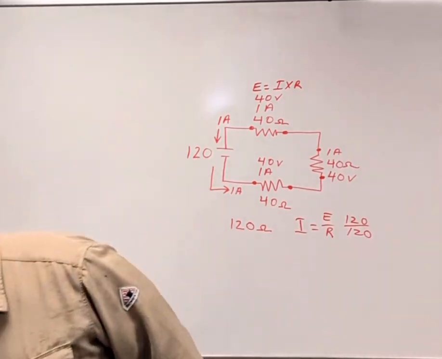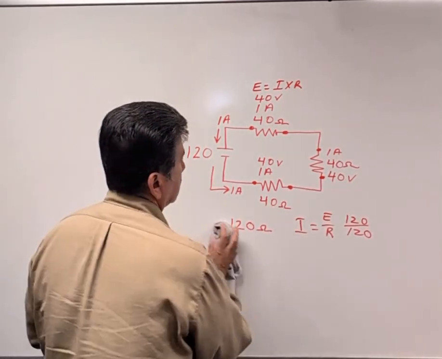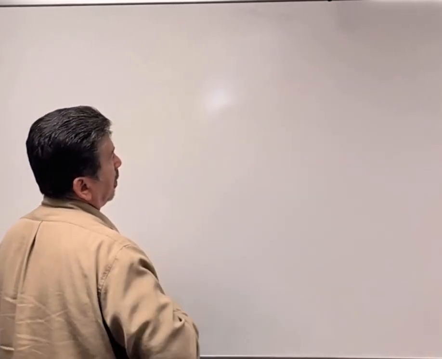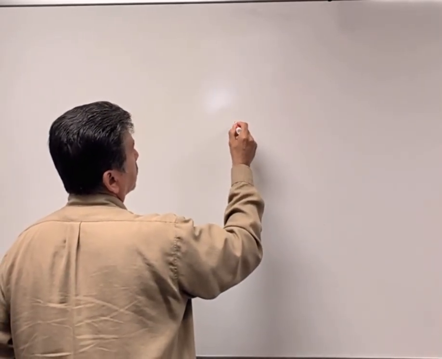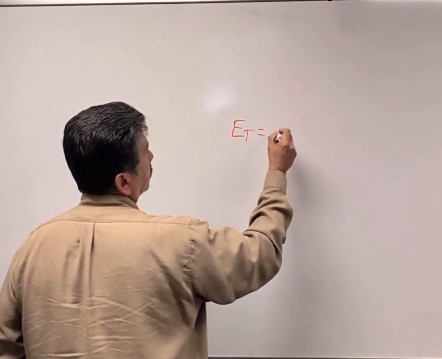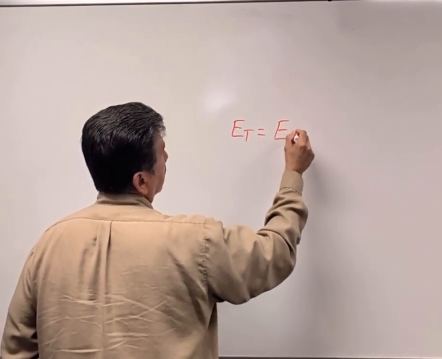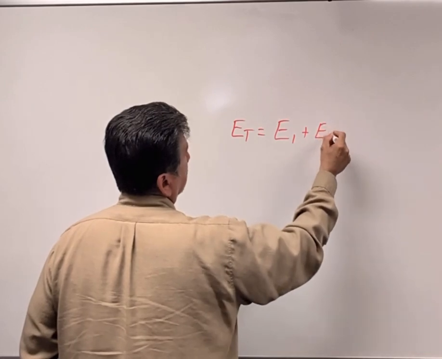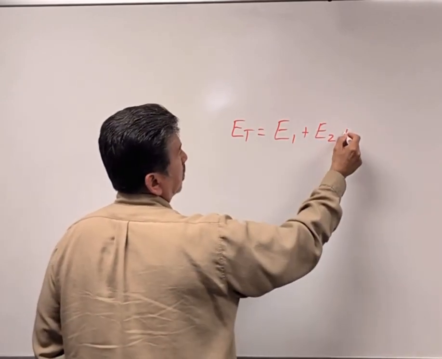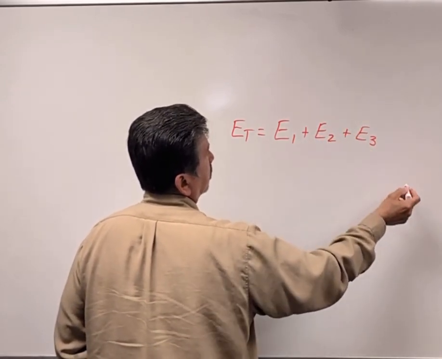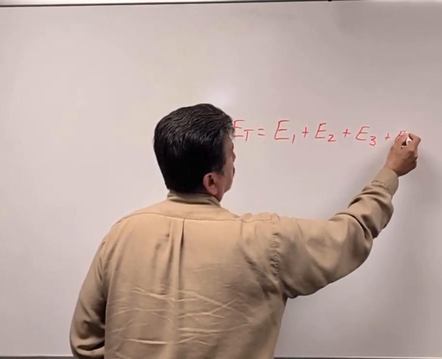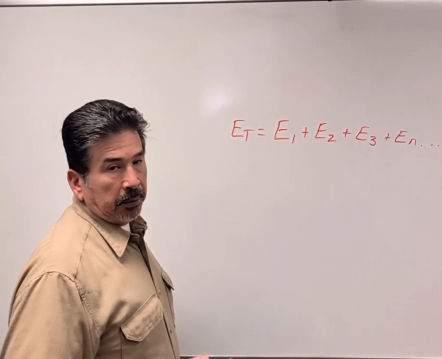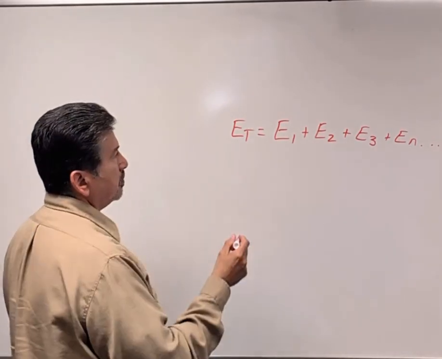So mathematically, I can express that the total voltage is going to equal the voltage drop at the first resistor plus the voltage drop at the second resistor plus the voltage drop at the third resistor plus the voltage drop at however many number of elements might be in that circuit.